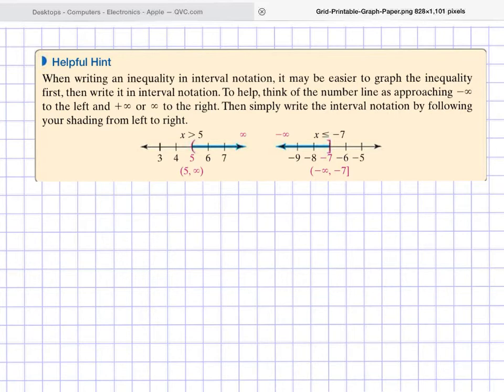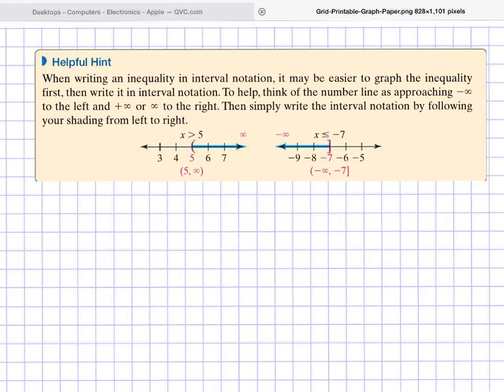We use brackets when there is an equal sign attached to the inequality sign. We use parentheses when there is just the plain inequality sign. You'll see a little bit more and understand more as we move along.